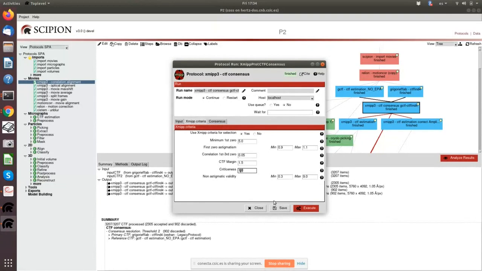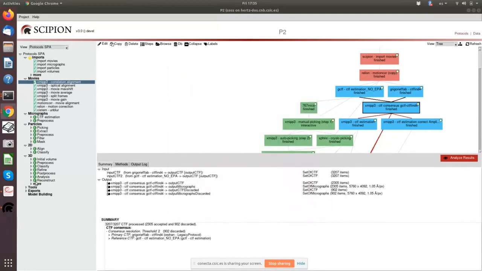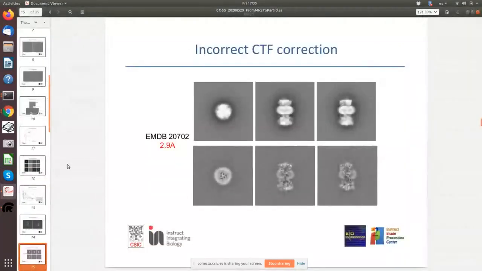And unless you are very careful in the 3D reconstruction, and normally the 3D reconstruction is not very careful about that, the polishing is, but unless you are very careful, these slight differences in the oscillations might limit your resolution. I'll show you now an example of that. So let's go back to the presentation.